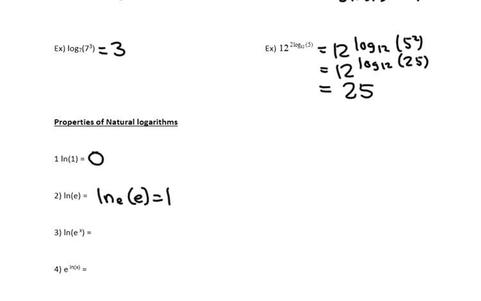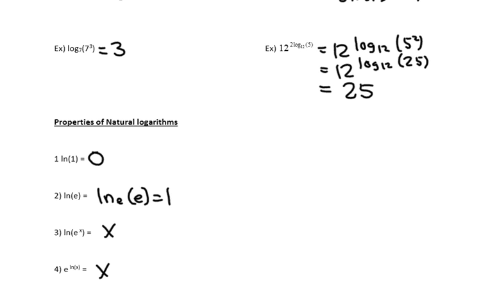That should equal 1. So the natural log of e to the x, that's similar to property 3, where log base a of a to the x is equal to x. Same thing here. And because e and the natural log are inverses, I know this fourth one is x also.